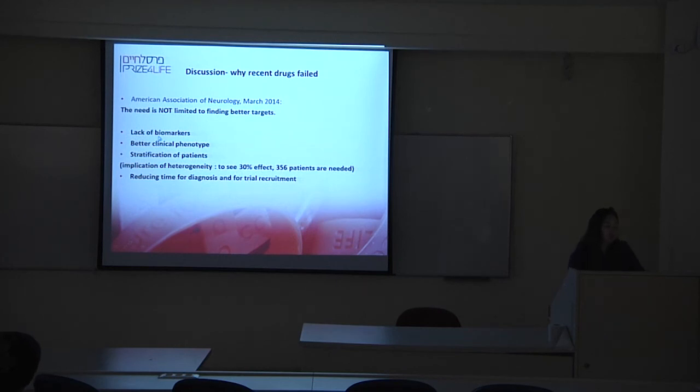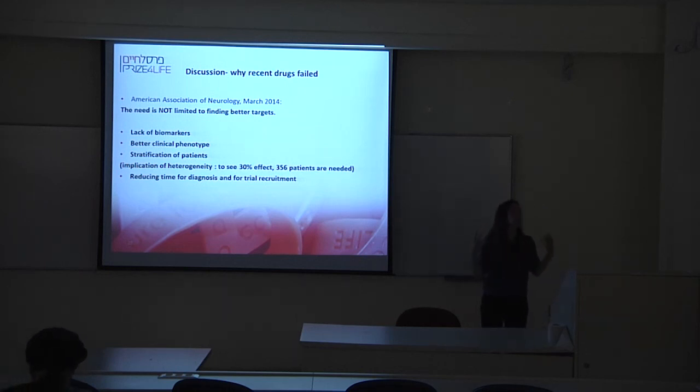It would be great if we had a much better detail of the clinical phenotype of the patients. And it would be really great if we had what is called stratification of patients. What is stratification of patients? Meaning that we would be able to identify subgroups within the patient population. So we wouldn't say all patients are the same, we would find subgroups within them.